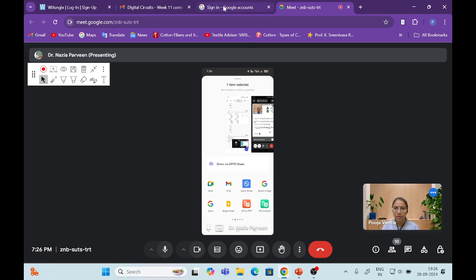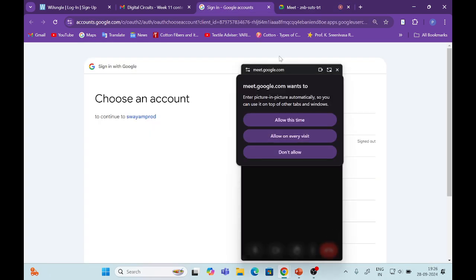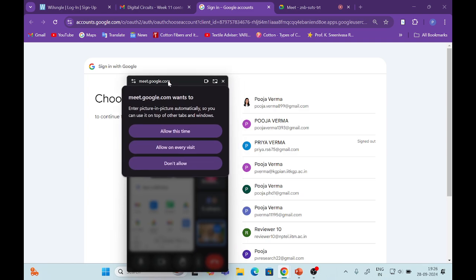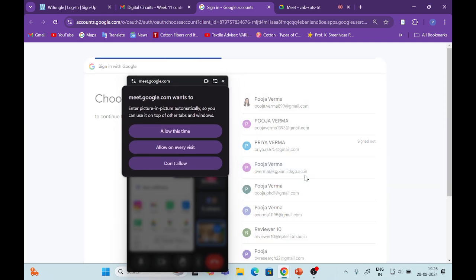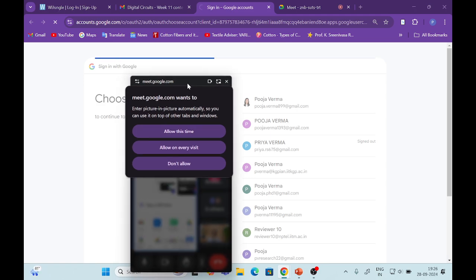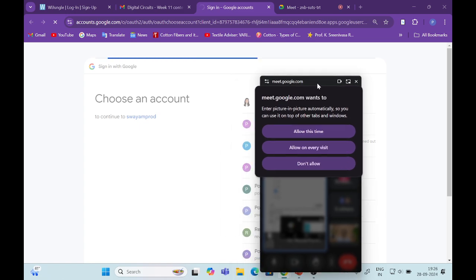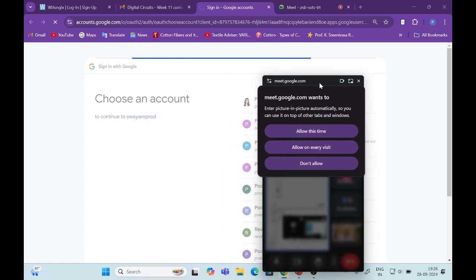I'm also trying to check. I can't find the option to share in the chat box in Google Meet. Let me check. Just checking.